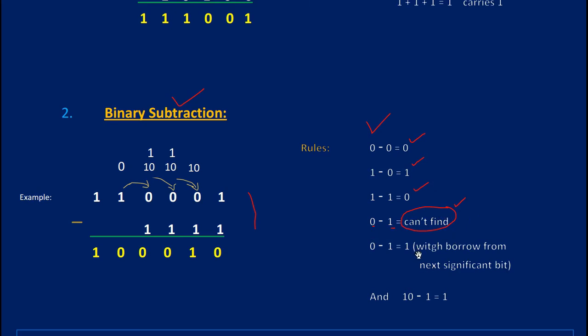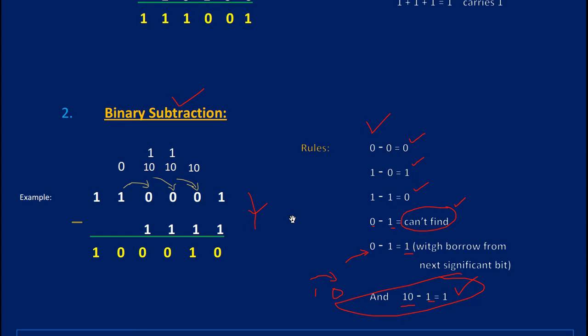But when we give a carry to the 0 from the next significant bit, then 0 minus 1 will have the answer 1. It means that when a 0 takes the carry from the next bit, for example, this is 1 and this is 0, if this 0 takes the carry from the next 1, this 0 will become 10, and when we subtract 1 from 10, the answer will be 1 here. This is the very important rule that we have to apply in this subtraction.